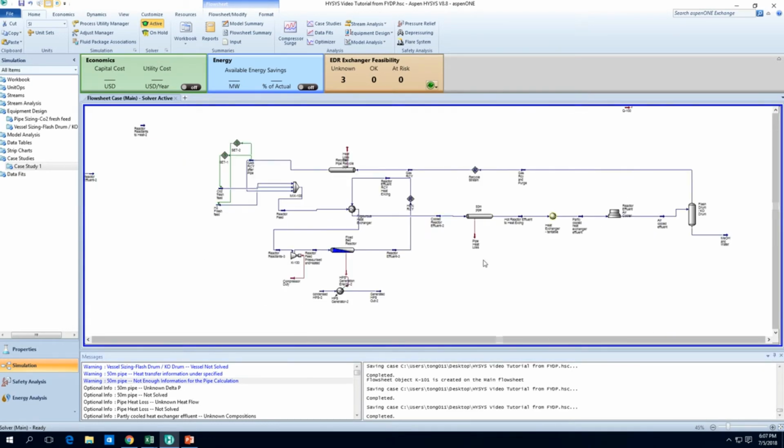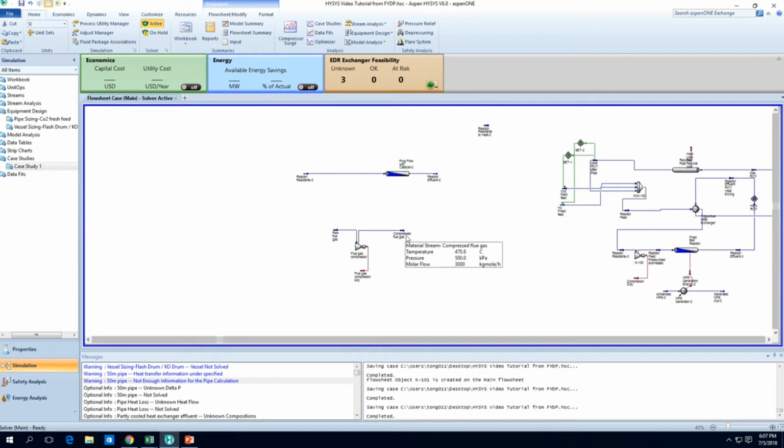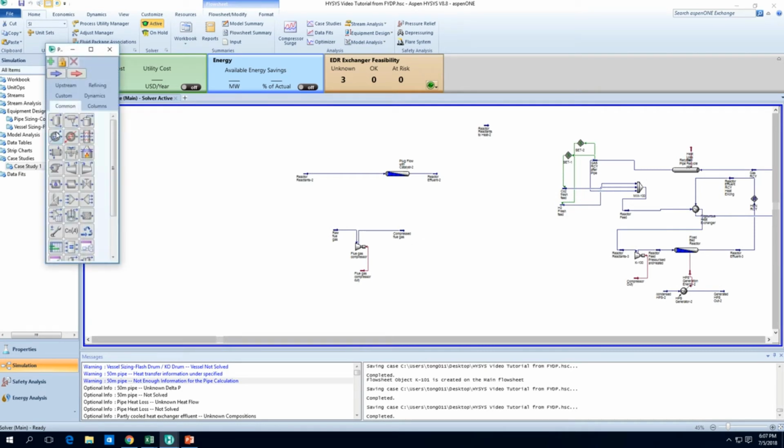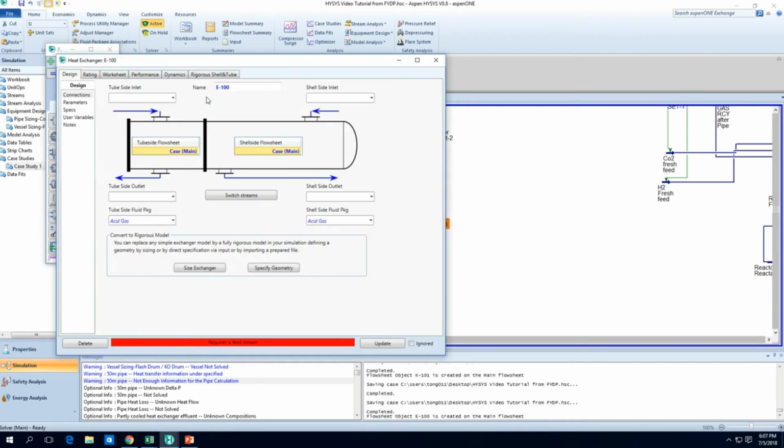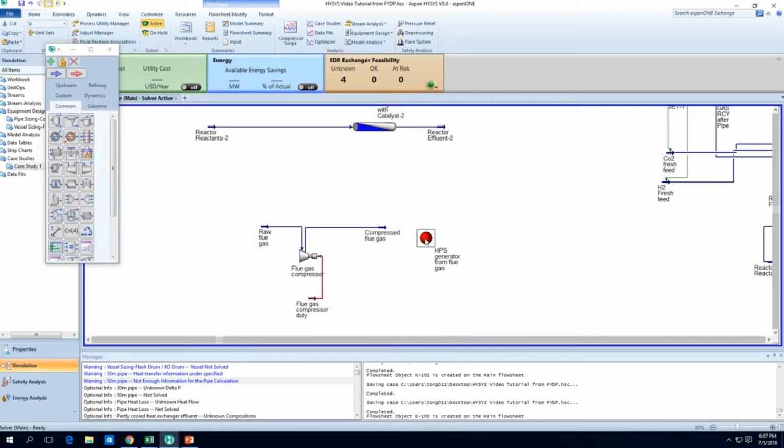Okay, so no worries. We can actually use this to generate some high pressure steam first. So we can use this heat exchanger, HPS generator from flue gas. High pressure steam is a very valuable commodity. We want to generate as much of that as possible. So let's go.